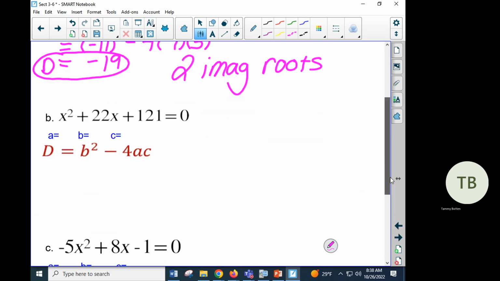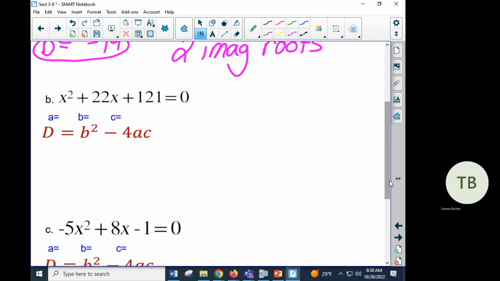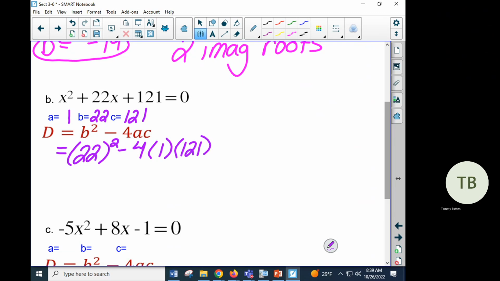Now, if I look here, my A is 1, my B is 22, my C is 121. So if I plug that in, B is 22, and that's squared, minus 4 times A is 1, C is 121. Okay, when you type that in, you get 0.